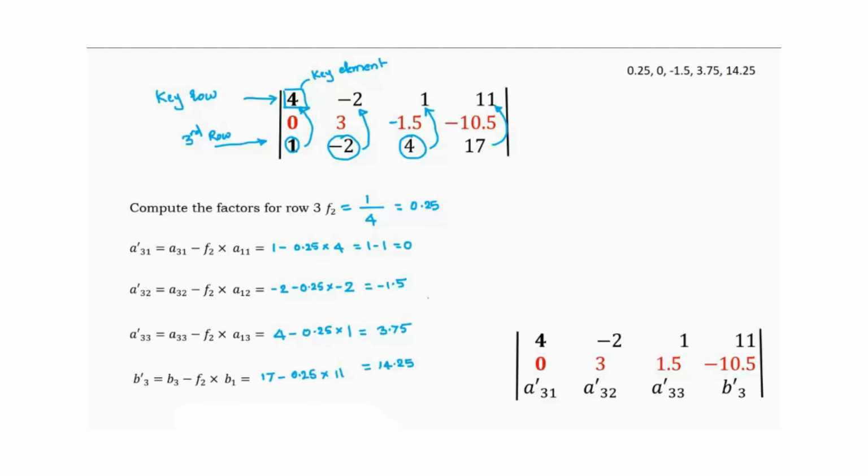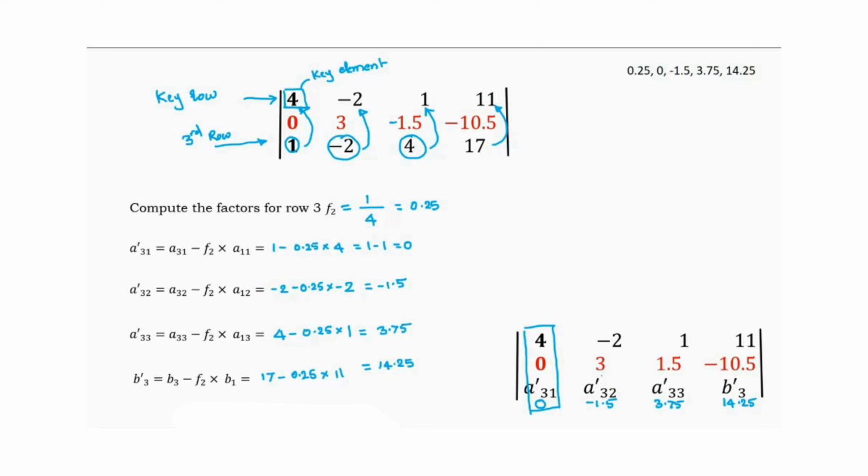So I will represent them here. In the previous case we manipulated this. Now the new value for A31 is 0, and this is -1.5, 3.75, and 14.25. So we have computed the new values. This task is over now. We have done all the elements which are present below the first diagonal element, and made them 0.